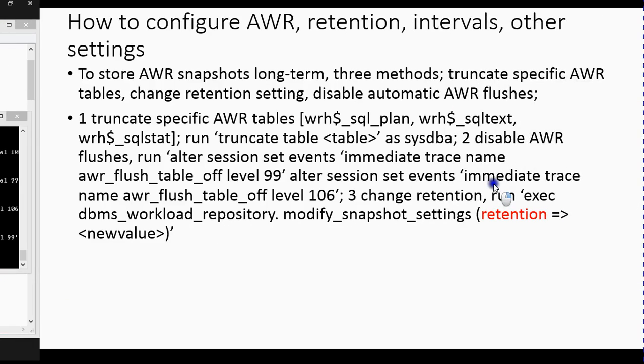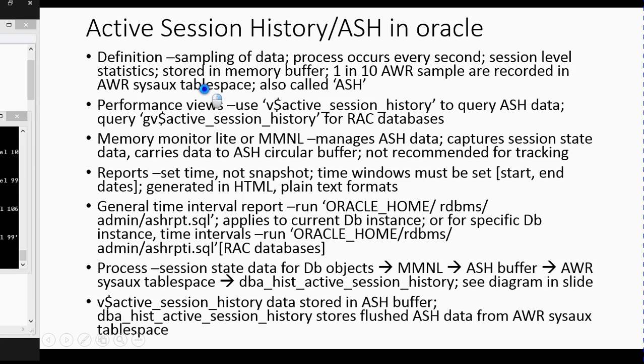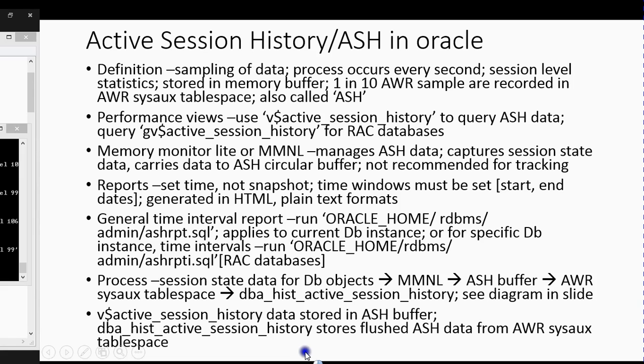So now I'm going to get into the active session history. With ASH, again, it occurs at the session level. AWR is more about general database statistics being gathered for the whole database.